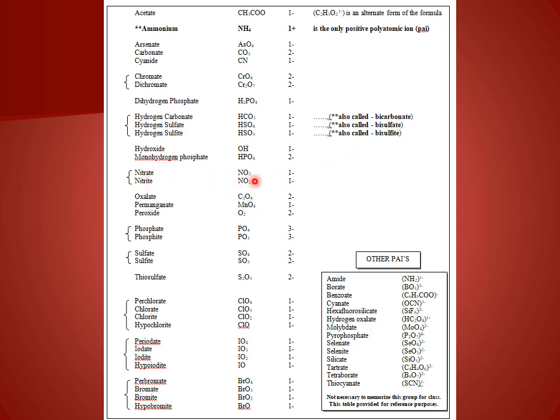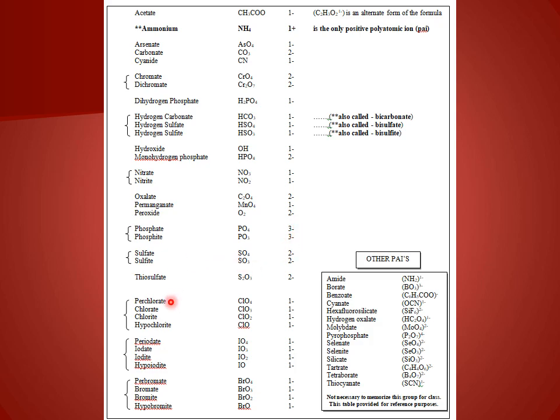Nitrate and nitrite, notice NO3, NO2, just the variation of 1 oxygen but the same charge. Phosphate and phosphite, PO4, PO3, here again, just 1 oxygen different, same charge. Sulfate and sulfite, same situation with a 2 negative charge. By the way, phosphate, the only ones that have a 3 negative charge, so those are easy to memorize.